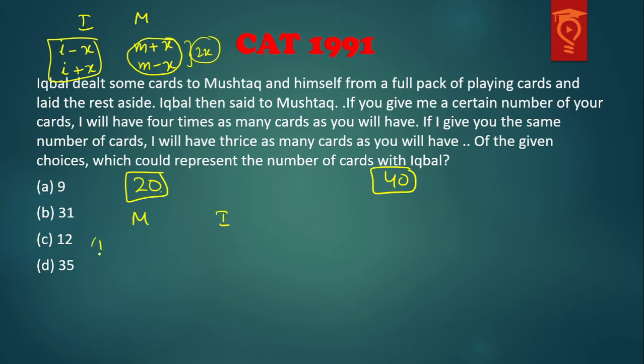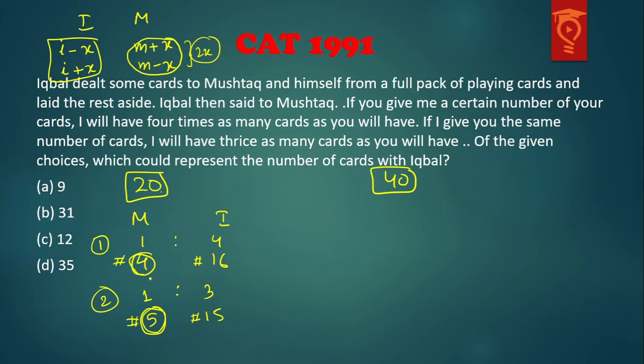Now with this understanding, we try the number of cards with Mushtaq and Iqbal in the two cases. First case, the ratio of cards was 1:4, which tells me the actual numbers are 4 and 16. Next time this ratio became 1:3, which tells me the actual numbers must be 5 and 15. Just imagine, the number of cards with Mushtaq in both cases differ by only 1.